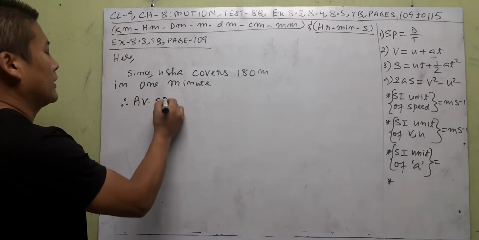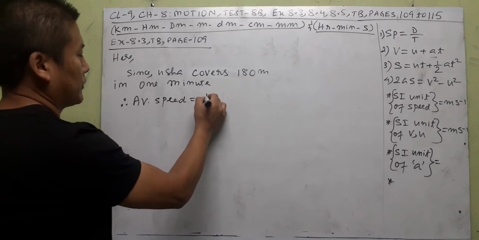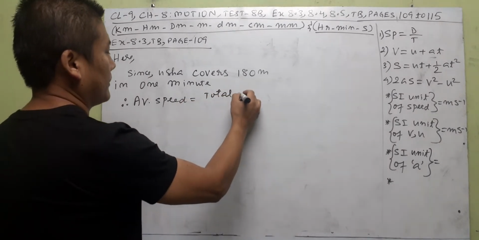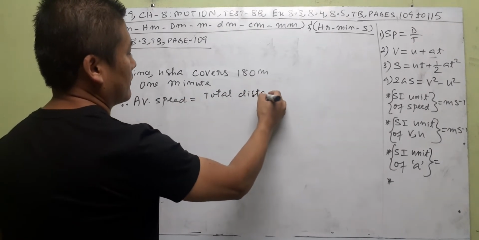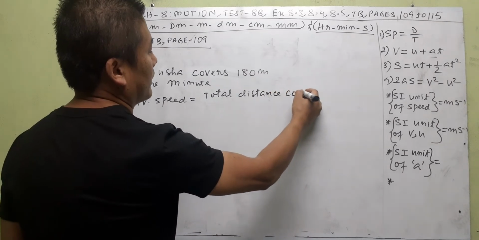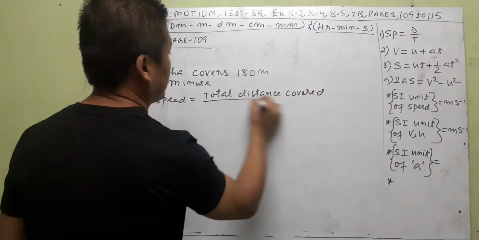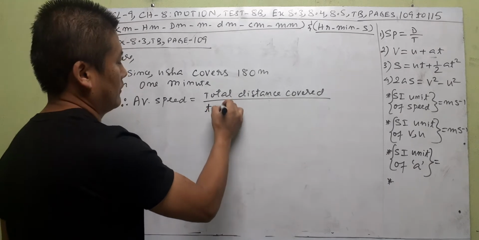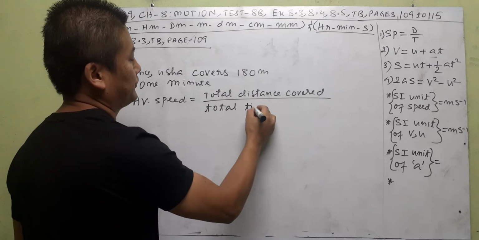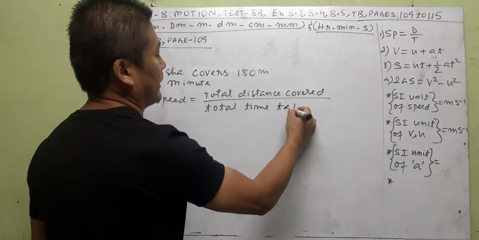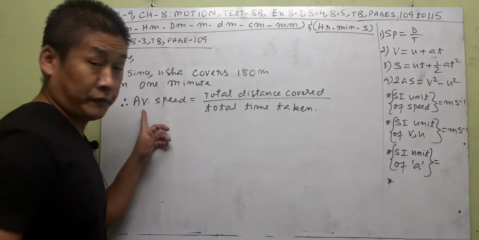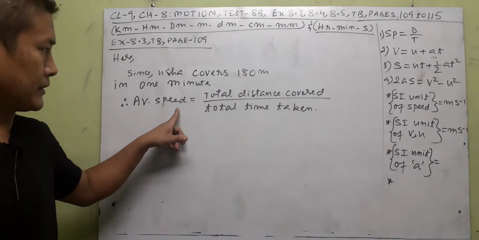Average speed of Usha will be equal to total distance covered by Usha divided by total time taken, right? Because that's the formula for average speed we have learned in our previous classes.